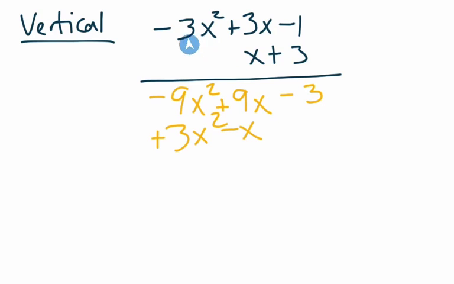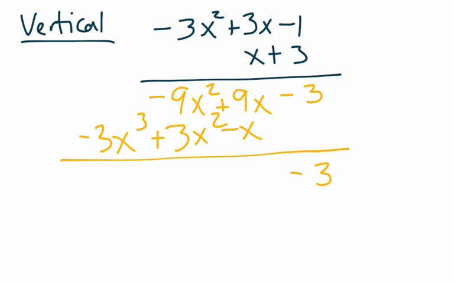Then negative 3x squared times x would give me negative 3x to the third, which would be out front. And then just like with a multiplication problem where you would add going down, you will add these going down. If you've done everything right with the signs, you should come out okay.